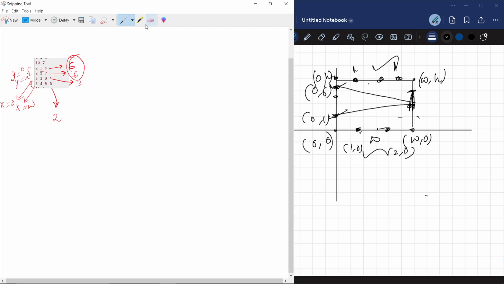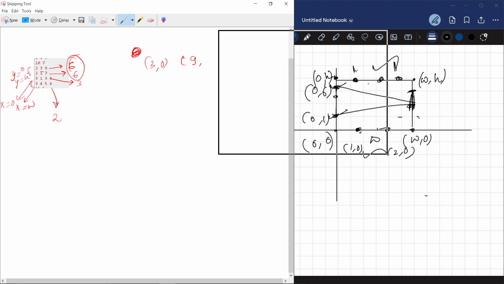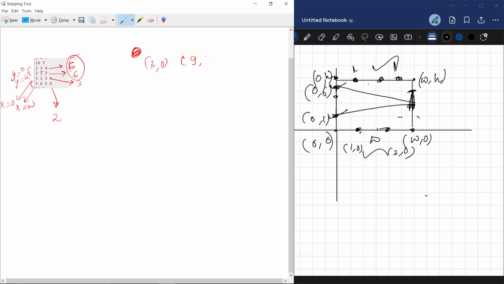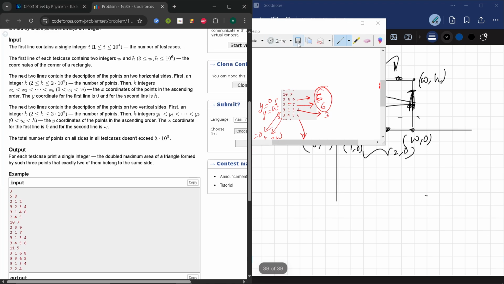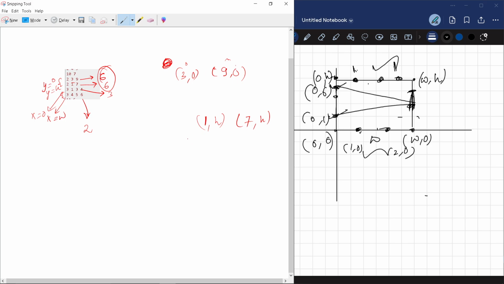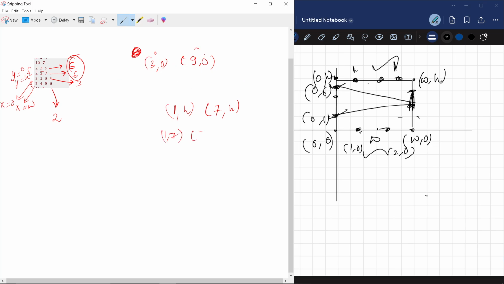Now for the first points we have 3 comma 0 and 9 comma 0, and what we need to print is double the area. The other 2 points are 1 comma h and 7 comma h, where h is mentioned, I guess.